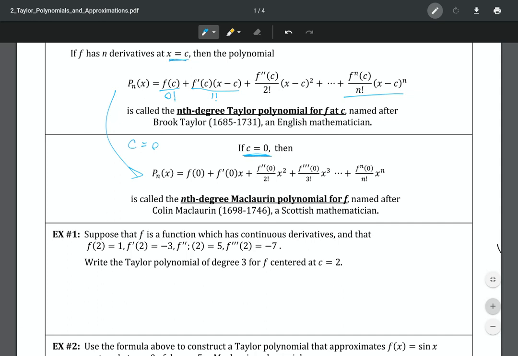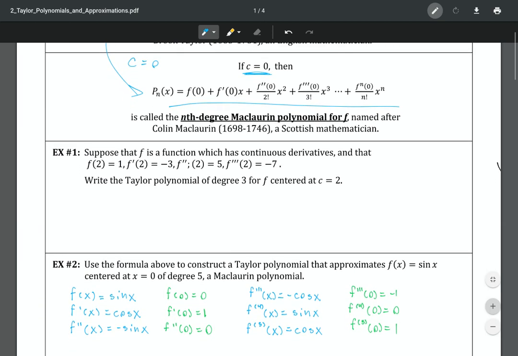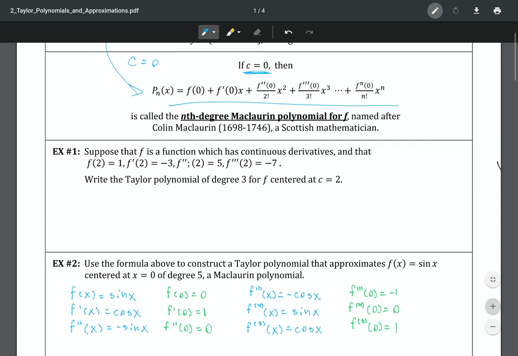If you plug in c is equal to 0 here, you're going to get exactly this function, okay? So the Taylor polynomial is actually much more general, and the nth degree Maclaurin polynomial just applies when c is equal to 0.